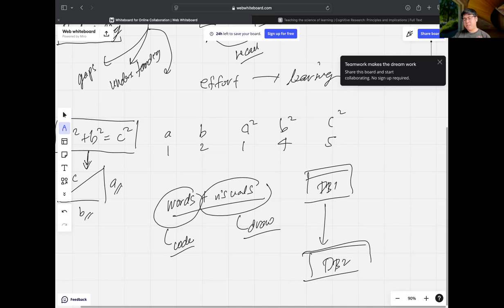Now, the act of combining words with visuals helps with understanding and helps with representing concepts in a way that is more embedded in what you could call a knowledge network, right? So what is a knowledge network? It's like a database, right? But really your knowledge is not just a database of rows and columns, but it's actually a web of concepts where there are relationships among all these different concepts.